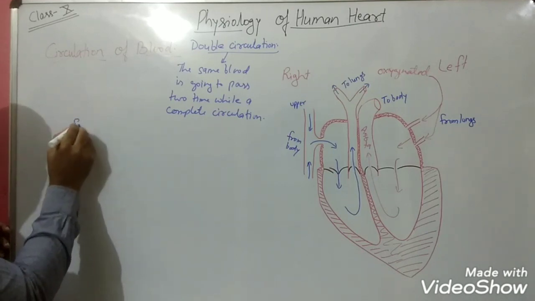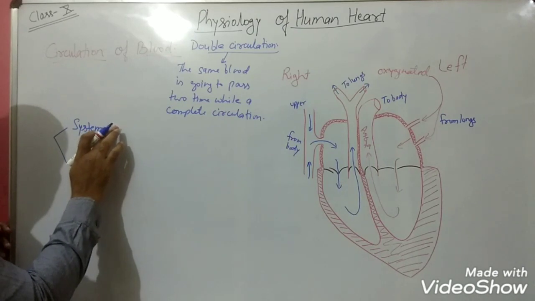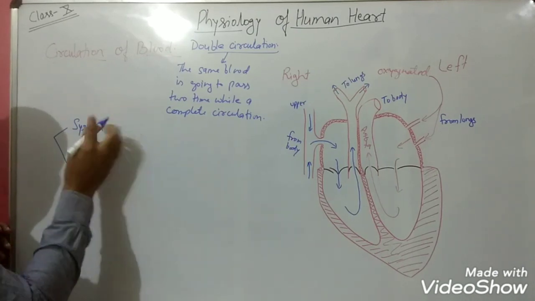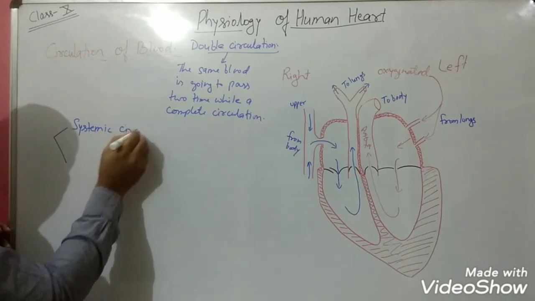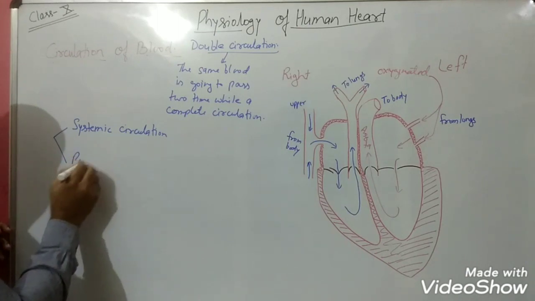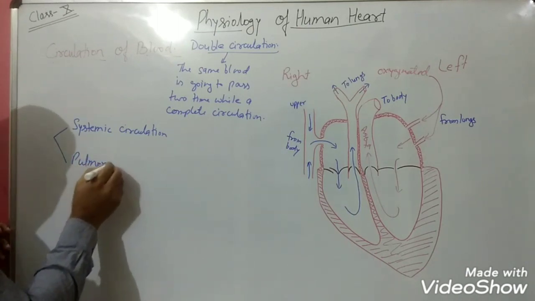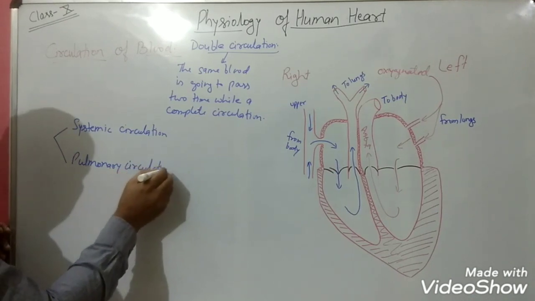The first one is known as what? Systemic circulation, and the next one is known as what? Pulmonary circulation.